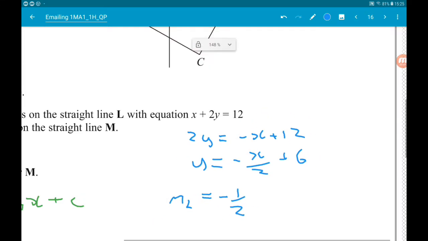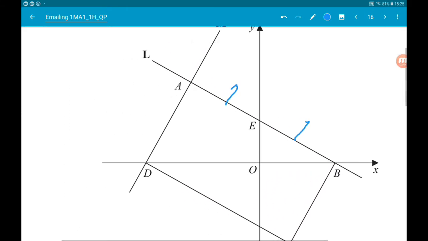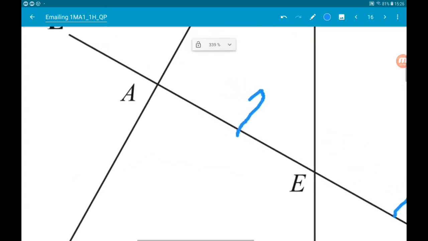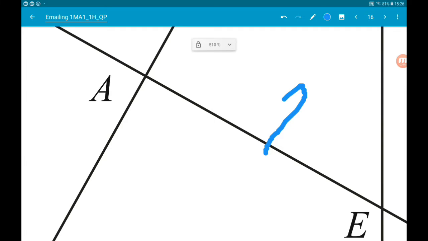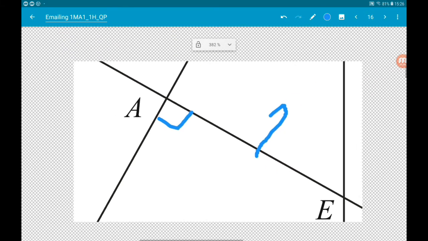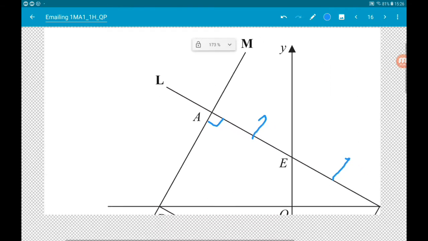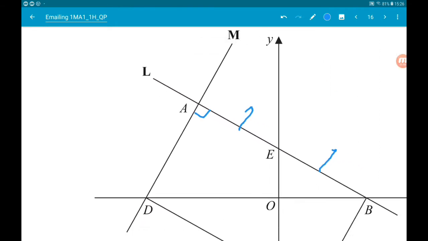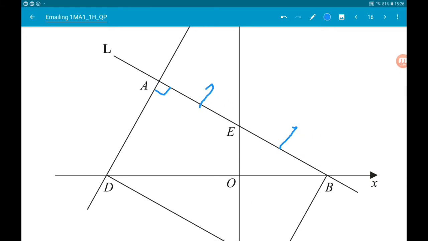Now from that, and the fact that we know this is a rectangle, that tells us that L and M are perpendicular. Now, when lines are perpendicular, their gradients multiply together to minus 1.